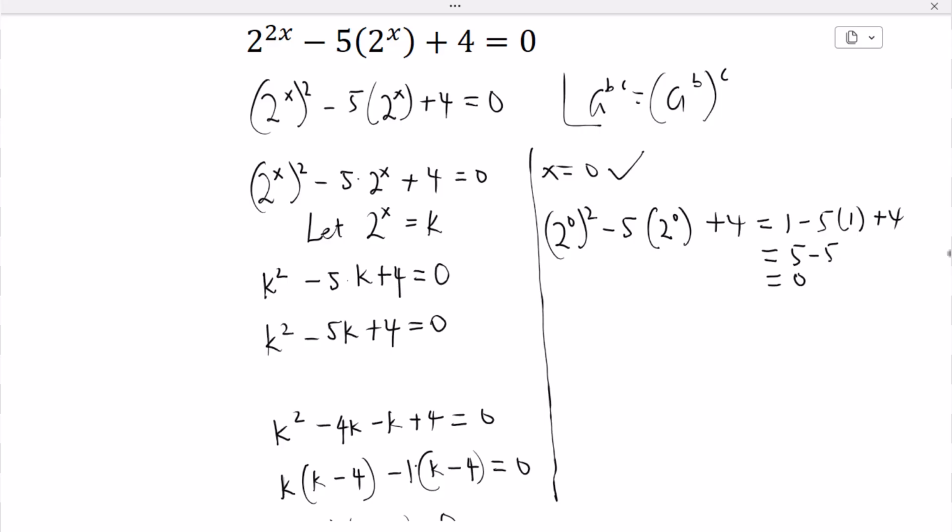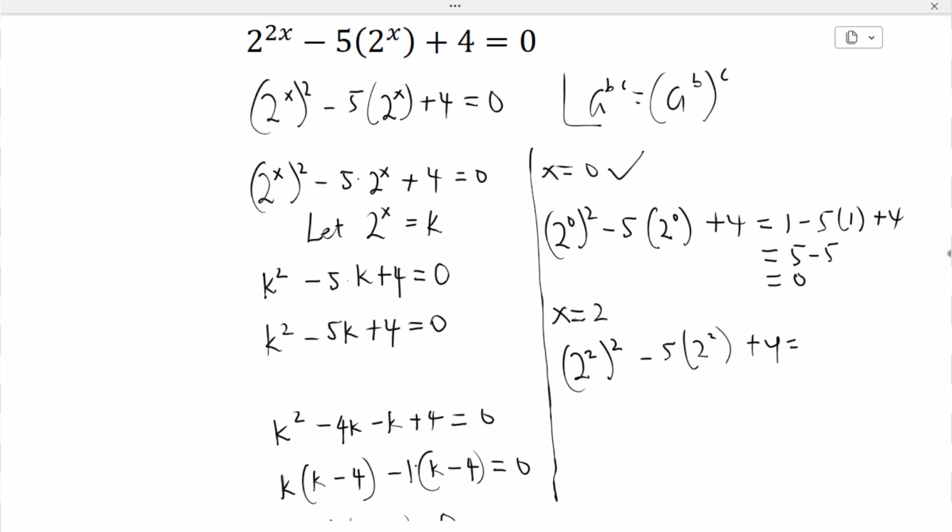Now let's try the second value, x equals 2. When we try x equals 2, we're going to have 2 to the power 2 all squared minus 5 multiplying 2 to the power 2 plus 4.